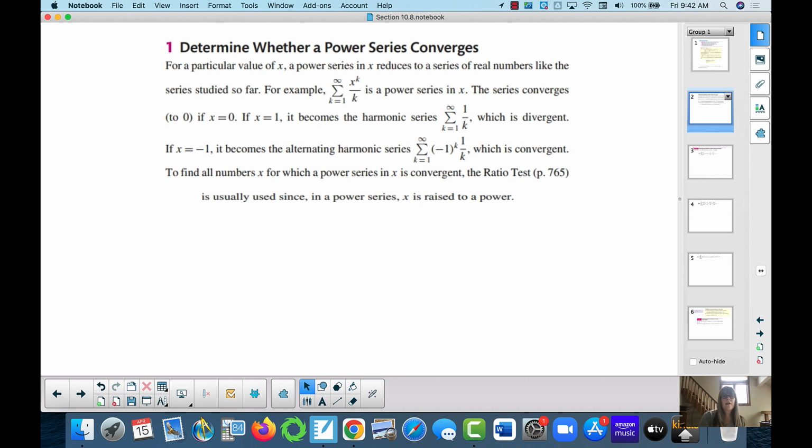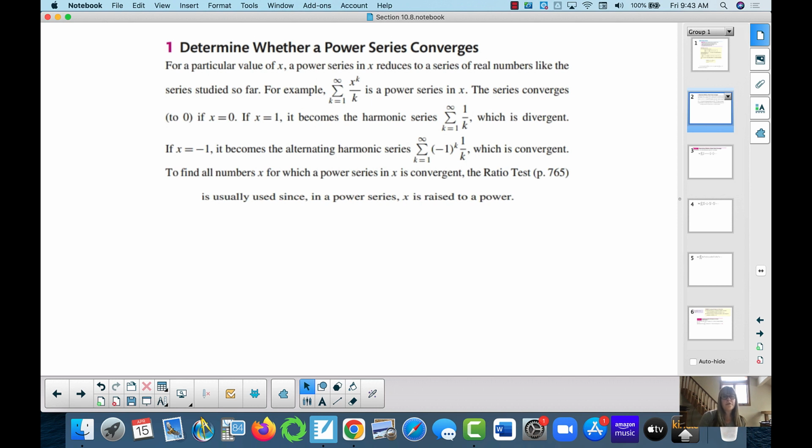And then if x equals 1, we get the harmonic series, which is divergent. If x equals negative 1, then we have the alternating harmonic series, which is going to be convergent. So you can see that we have different cases of x where this power series is convergent or divergent.